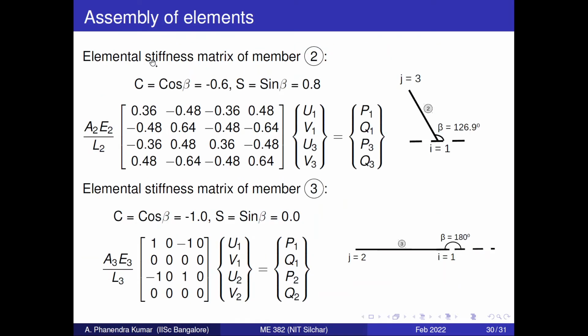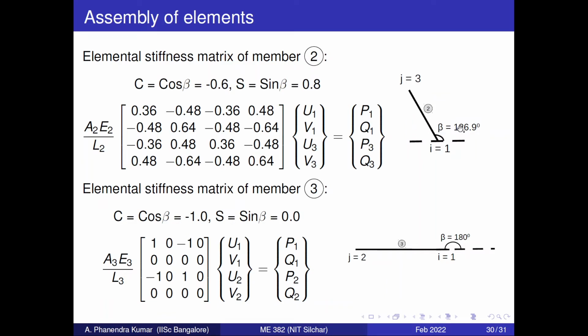Now we will go to the elemental stiffness matrix of member 2. This is an inclined member, right? This is the node which I am taking as i, this is the node which I am taking as j. When you draw a horizontal, you need to find the angle in the anti-clockwise direction, with the horizontal, the member at node i. Using tan theta equal to 4 by 3, this is theta.